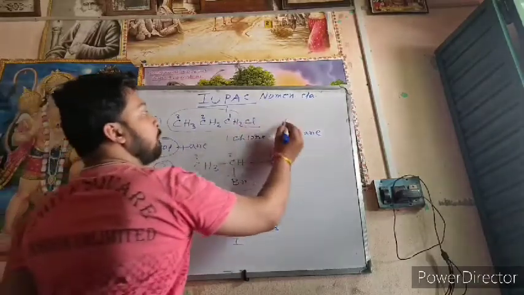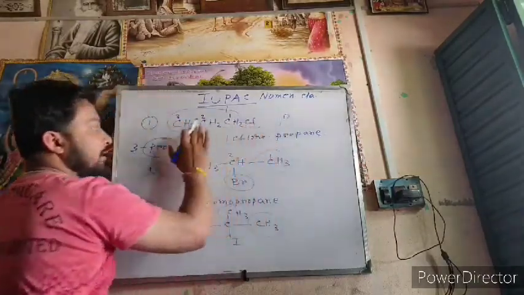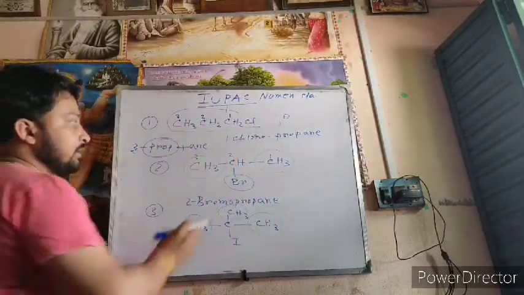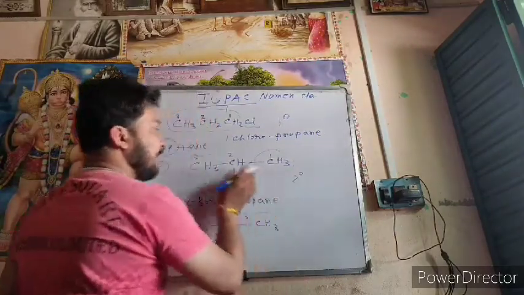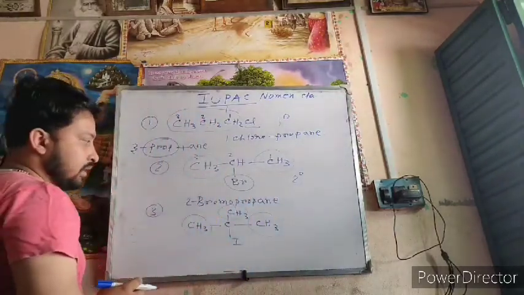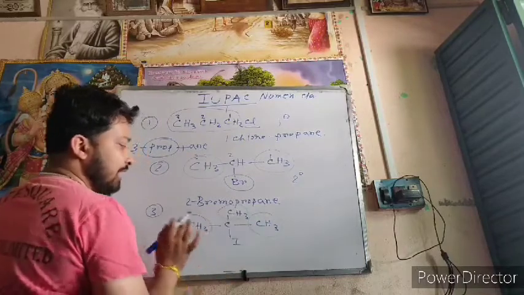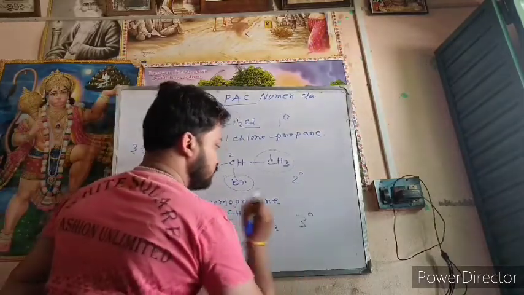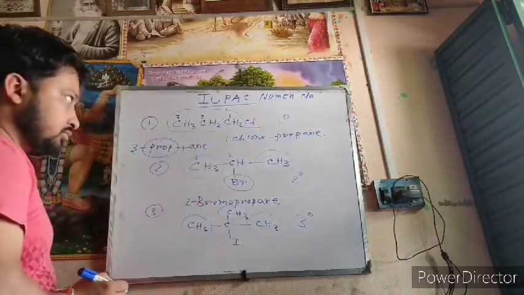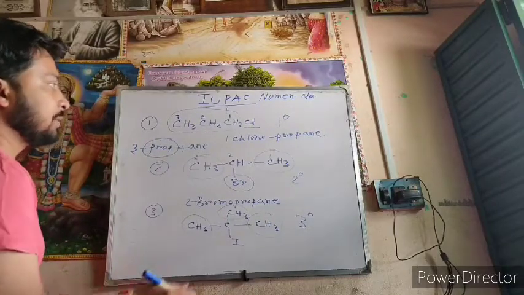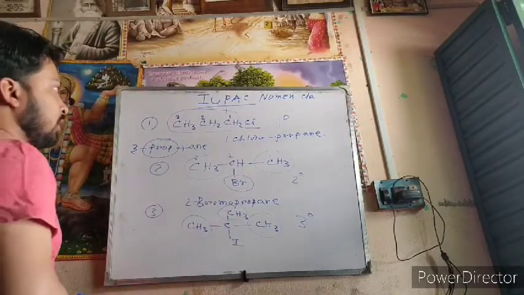So this is 1° haloalkane. This is 2° haloalkane, and this is 3° haloalkane. It depends on the bulky group.